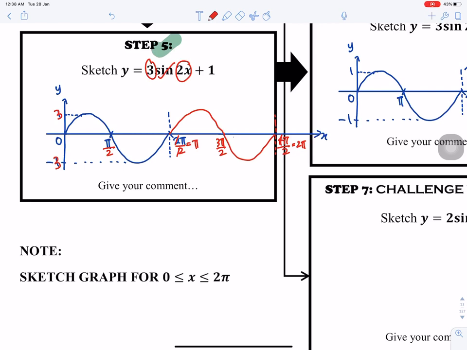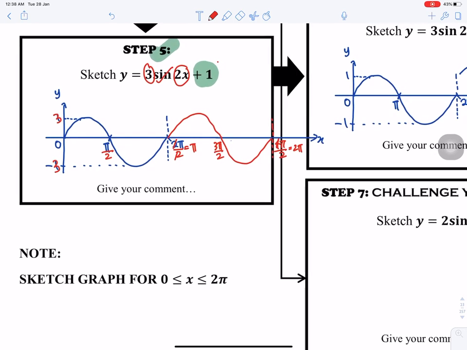Okay, what about +1? If +1, that means you add 1 to the amplitude.